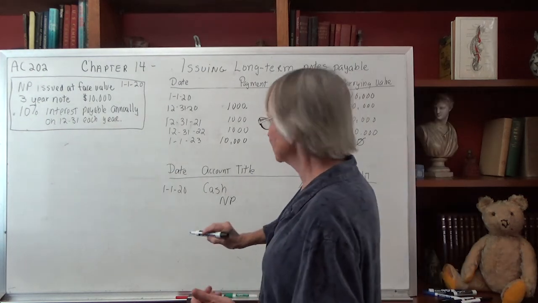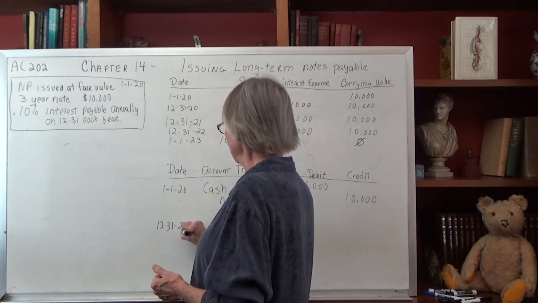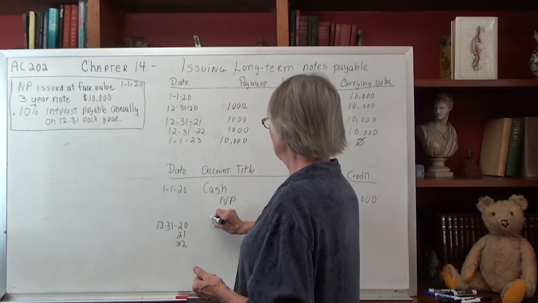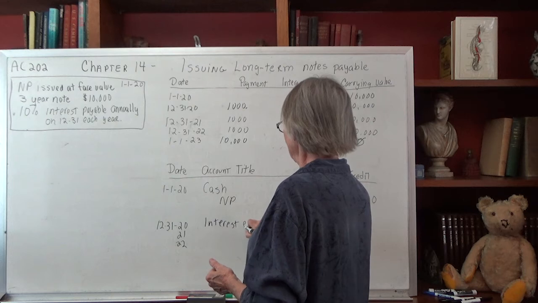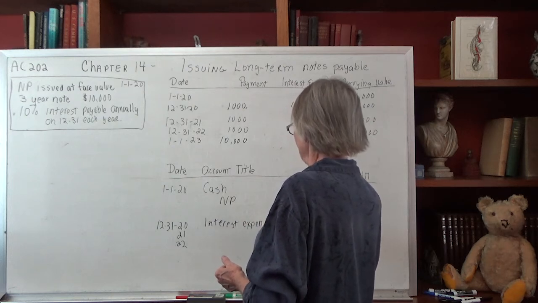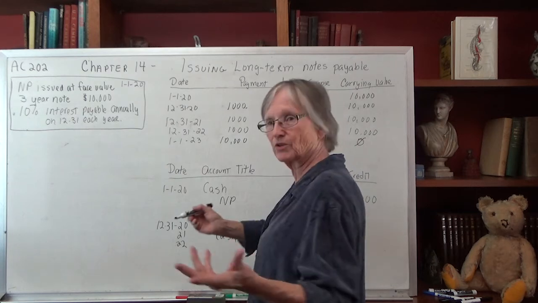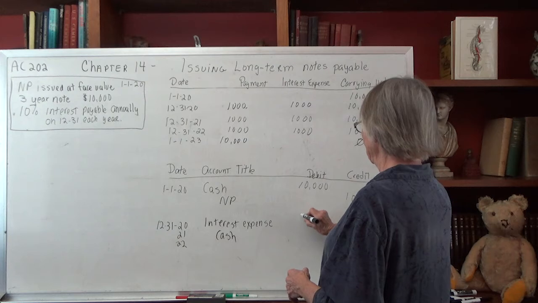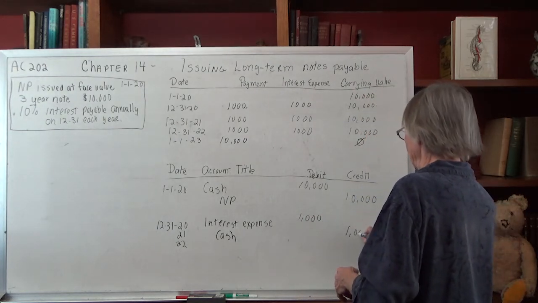And then for each of the 3 years at 12/31, I'm going to do the journal entry once, but 12/31/20, 21, and 22, we would debit interest expense, and we have to make the cash payment. The journal entry is just describing what's happening here. So you'd have 3 journal entries, one each year, for $1,000.